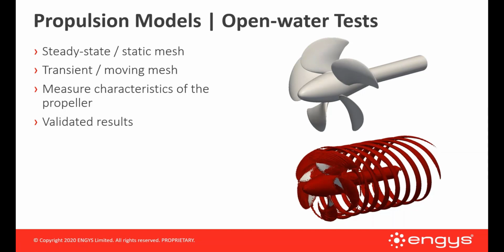We just take one blade and we use MRF to save computational time. This is steady state. Also, we run transient with moving mesh, with a sliding mesh approach usually, and this is done to calculate the characteristics of a propeller and get validated results compared to the experiments in terms of thrust, torque, and efficiency.